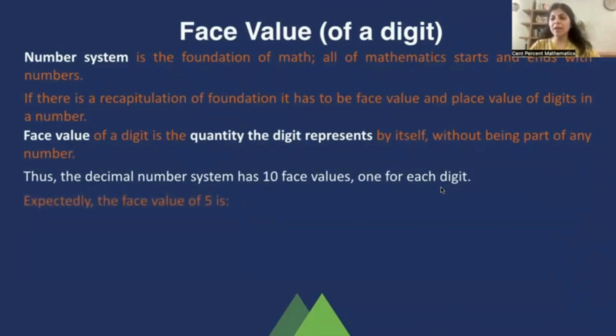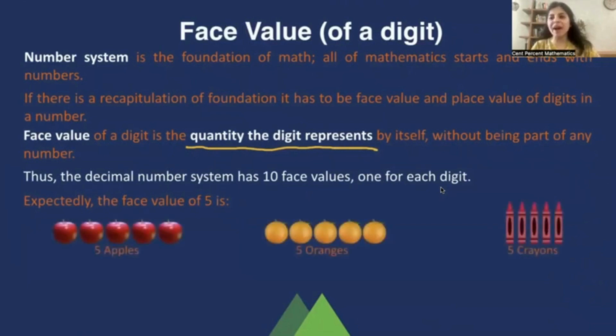For example, if I talk about the face value of 5, it's very important to understand that we're talking about the face value of a digit as the quantity the digit represents. So the face value of 5 is not 5, but it is 5 apples or 5 oranges or 5 crayons. You can see for yourself. It is not just 5.